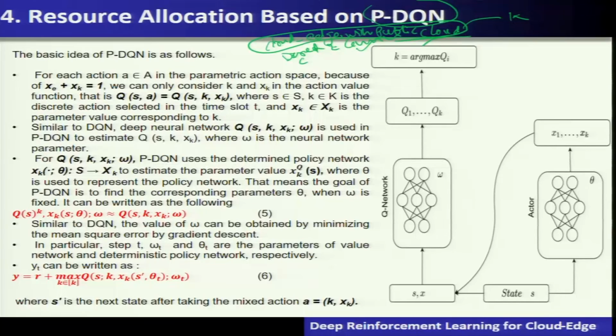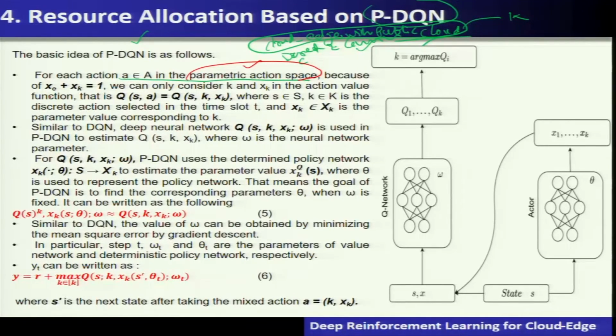So going forward, let us understand the resource allocation based PDQN formulation. Here you can see that in the problem formulation, this particular action space is parameterized, called a parameterized action space.